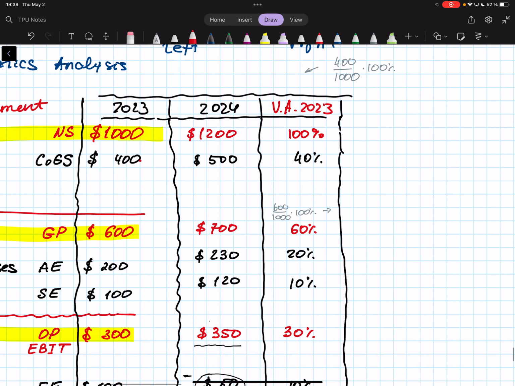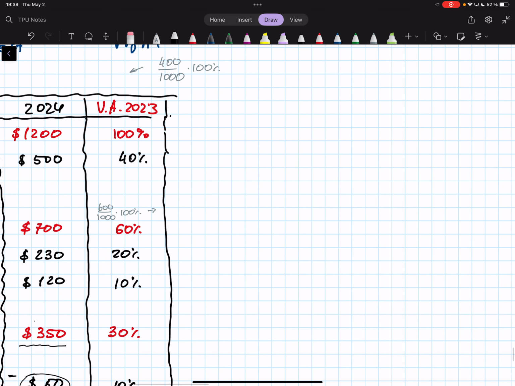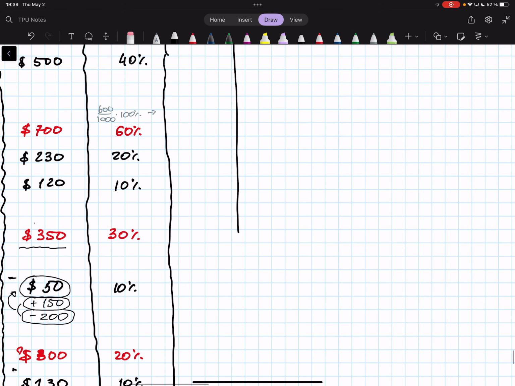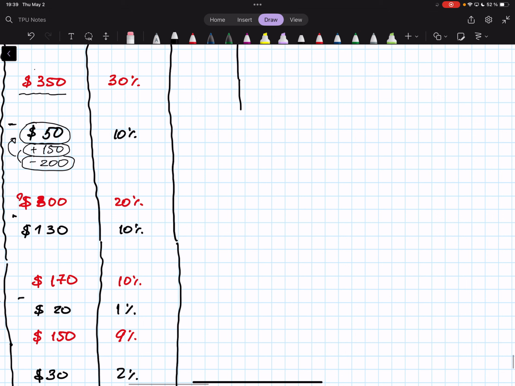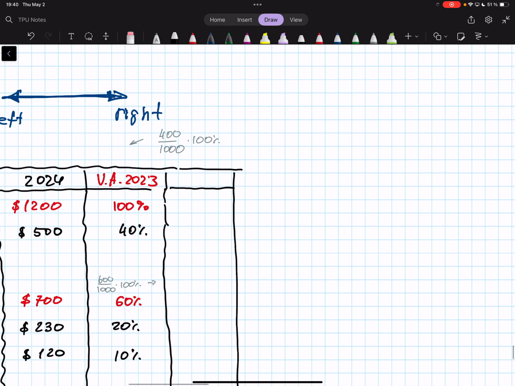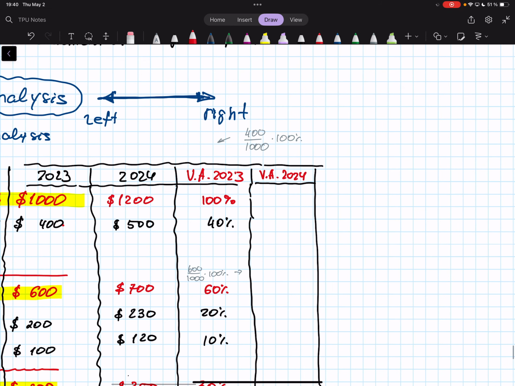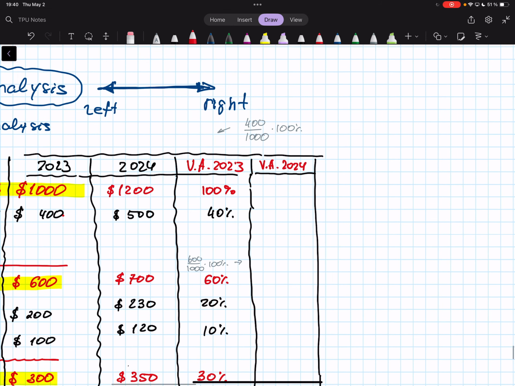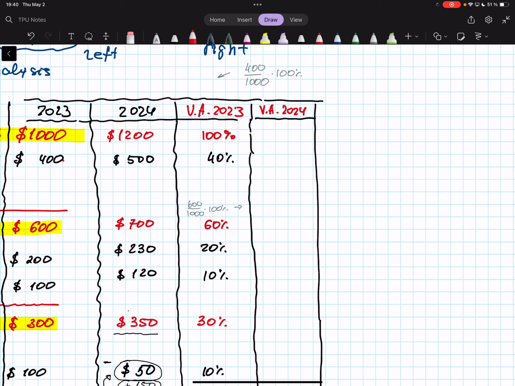Now I add one more column and I say, okay guys, let's see what was the structure for the next year, 2024. Here I write down vertical analysis for 2024. Now you need your calculators because it's going to be a little bit more difficult. The base has changed.